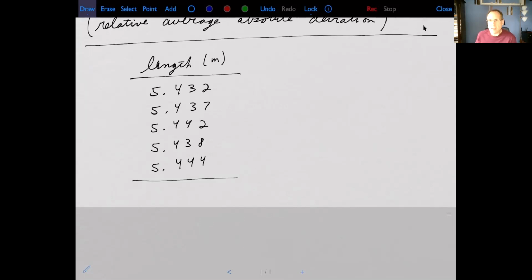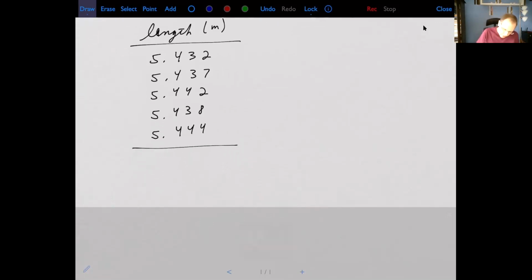So remember, the first thing that you have to do is you have to average these 5 values. So how do we average these? Well, you simply add them up and divide by 5. If you do that, you're going to get 5.4386. And then this was very, very important. Now we want to round our answer.